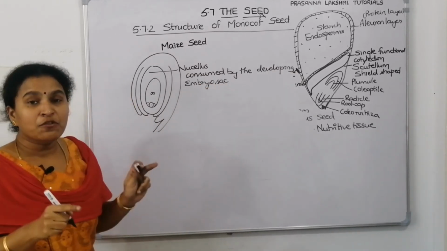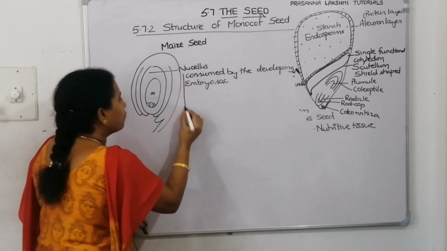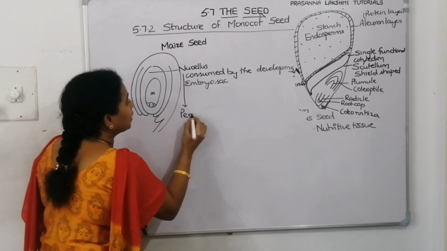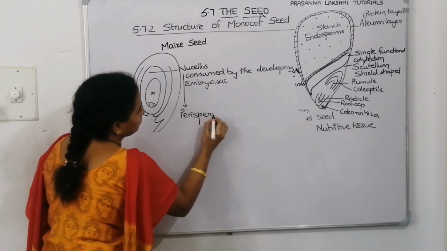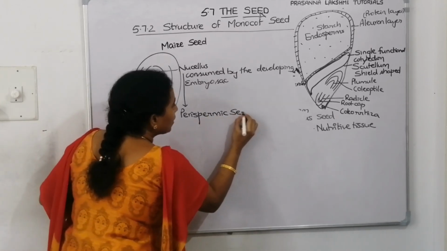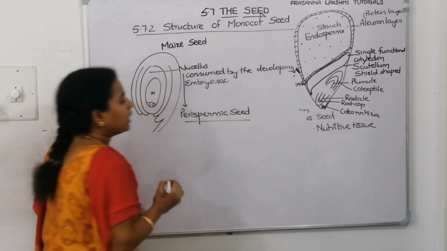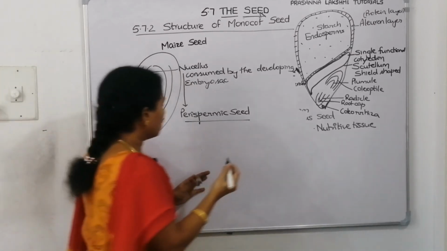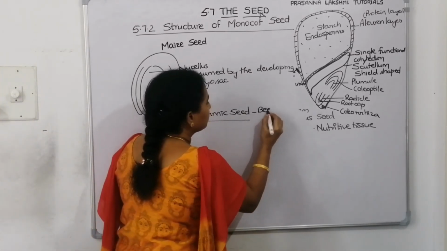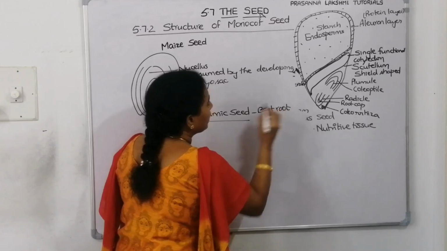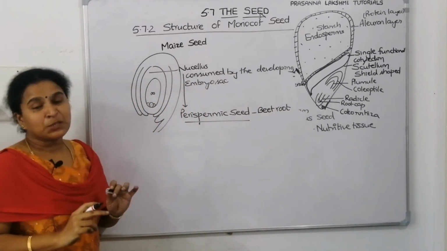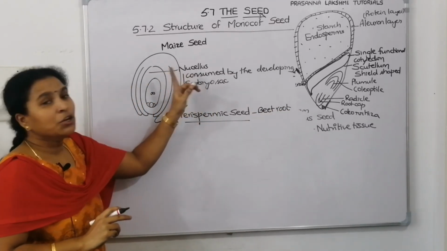Now, if the nucellus is there, then what is that called? Perisperm. Then the seeds are called perispermic seeds. Example for perispermic seeds, we can take the example of beetroot. So beetroot has a perispermic seed, meaning it is having nucellus.